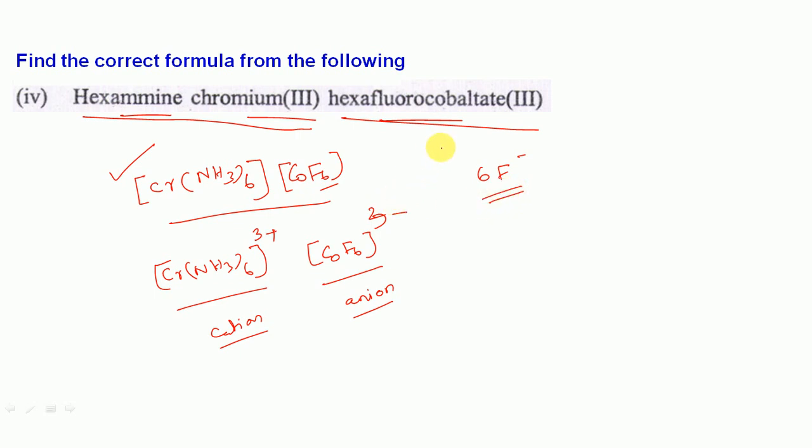Cobaltate(III) indicates that the cobalt atom is in the +3 oxidation state and is part of an anionic complex. Here the -ate is the suffix.